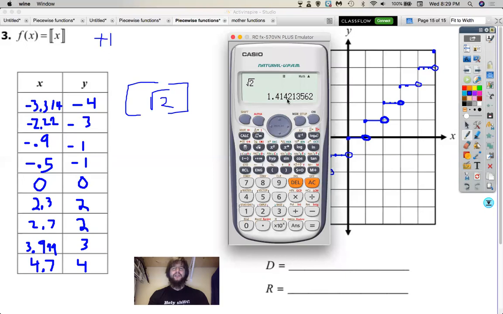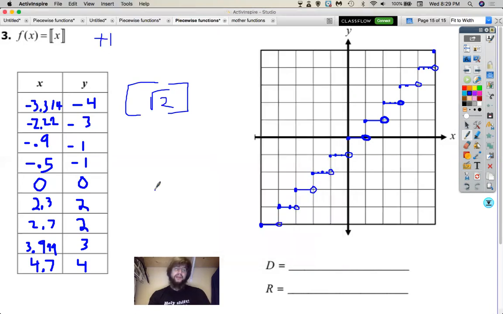That's to the left of 2, so we can't go to 2. It's between 1 and 2, so the greatest integer of that is 1. So yes, we can include radicals and any other irrational numbers. There's nothing we can't include. We can include all real numbers. We can take the greatest integer of any of those things.